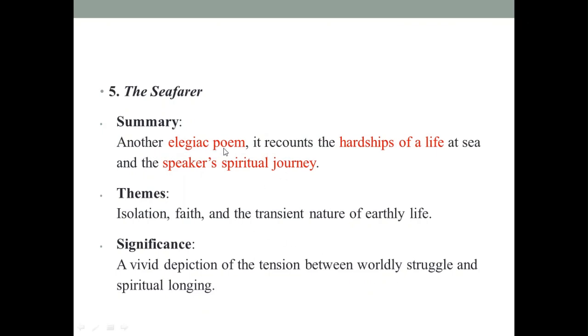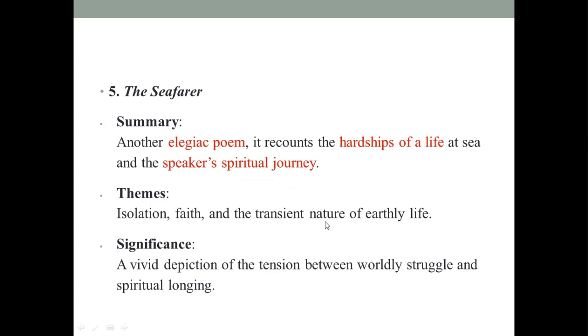It is another elegiac poem. It recounts the hardships of life at sea and the speaker's spiritual journey. We find the difficulties faced in a life at sea in the ocean, and the speaker's spiritual journey. The themes which we find in Seafarer are isolation, faith, and transience.